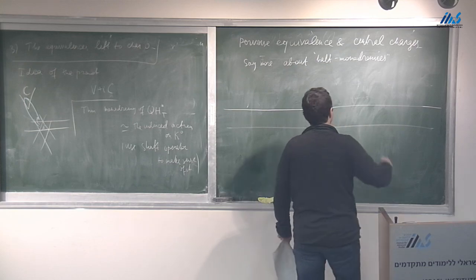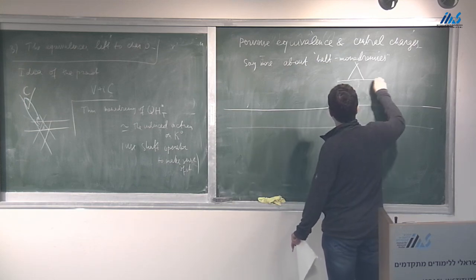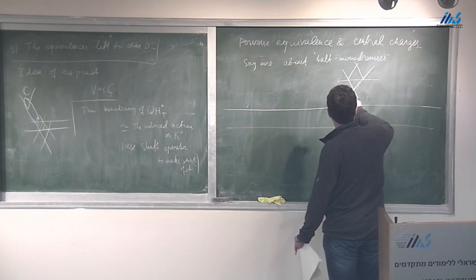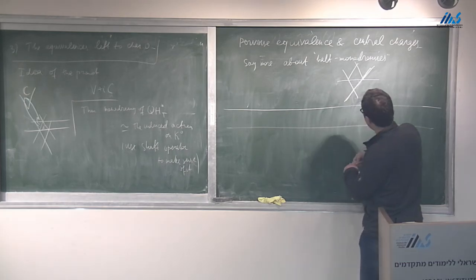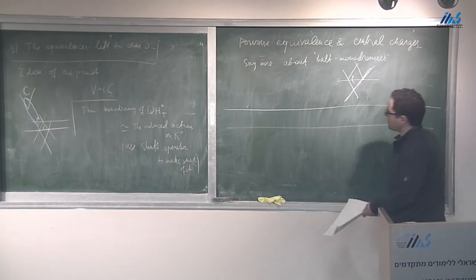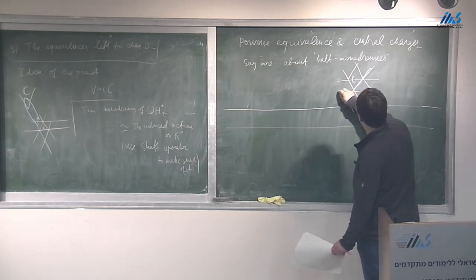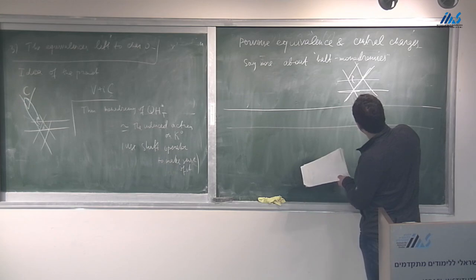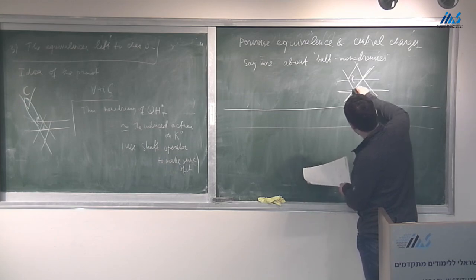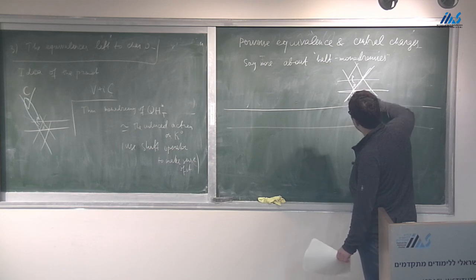By this I mean that we have some alcove and a neighboring alcove, and we want to cross from an alcove to a neighboring alcove, or we can cross from an alcove to an alcove symmetric with respect to one of the faces.